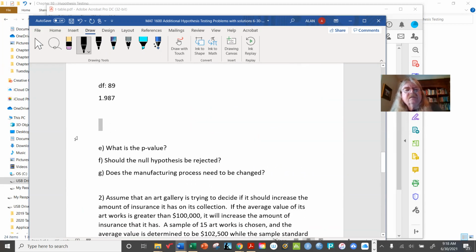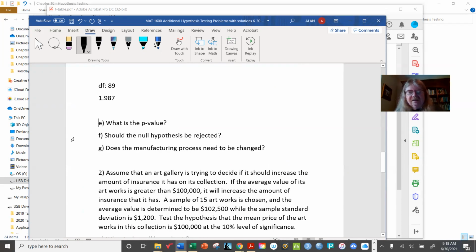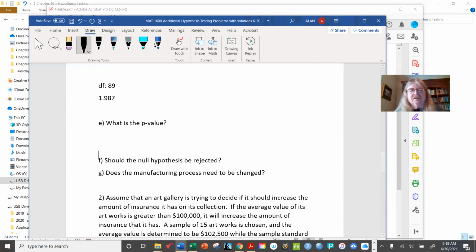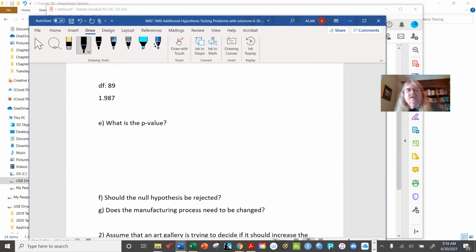Now, the p-value is the interesting part. For this, you absolutely should use the calculator. You can use the tables, but you're only going to get a very rough approximation.